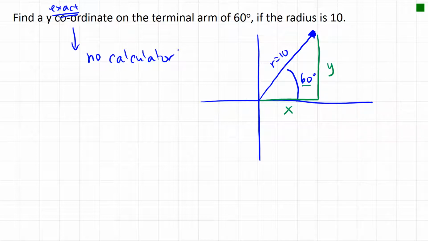Now, because 60 degrees is a special triangle, hopefully you've memorized that or are in the process of memorizing it. There it is. Compare these two triangles. They're both 60-degree triangles, and compare the size of the radius. Notice that this is 5 times larger.